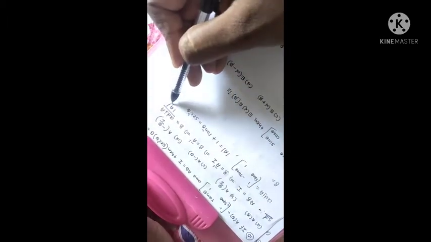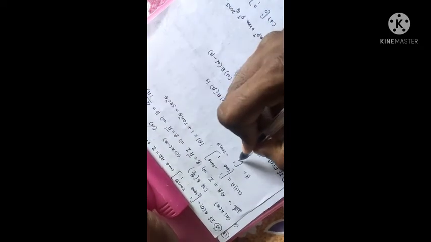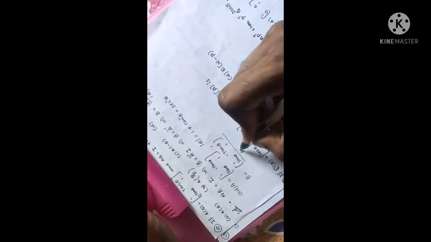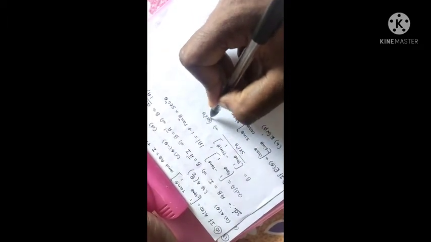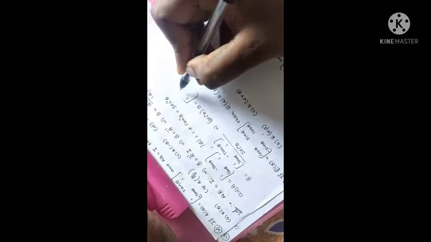Adjoint A by det A. Adjoint A is [1 -tan theta; tan theta 1], times 1 by det A. Already we got secant square theta.